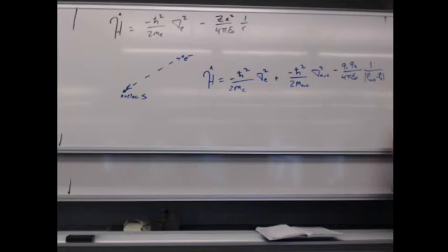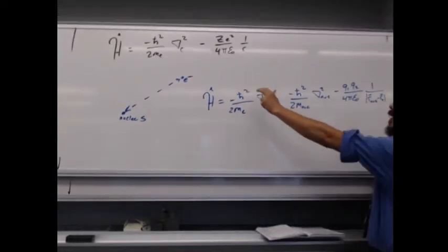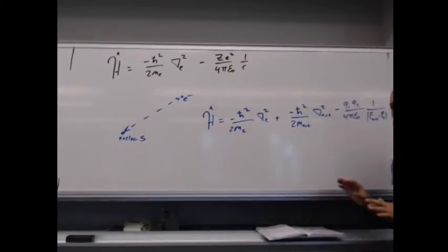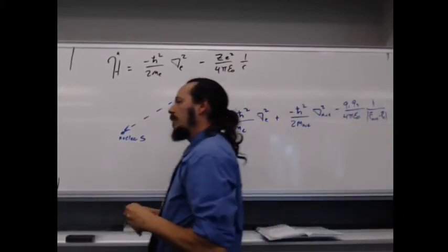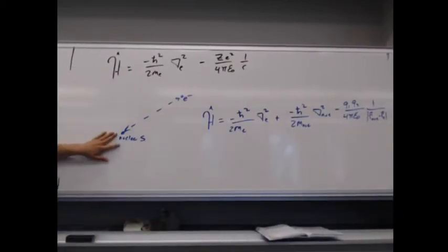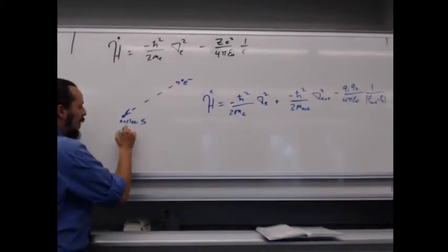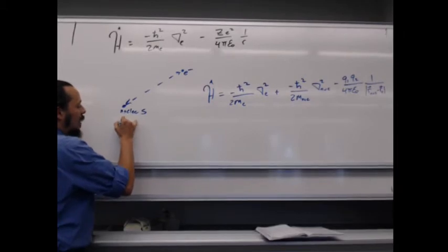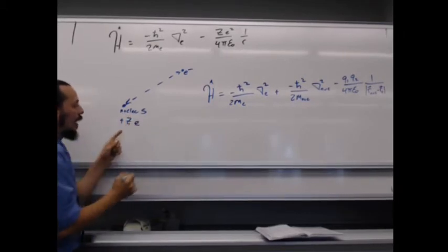But we can simplify a couple things here. If it seems weird that we've got the Z e squared, the first thing we can remember is that the charge of the nucleus, the charge of protons, is equal to but opposite of electrons. So the charge on this nucleus can be thought of as a positive Z charge of electron.